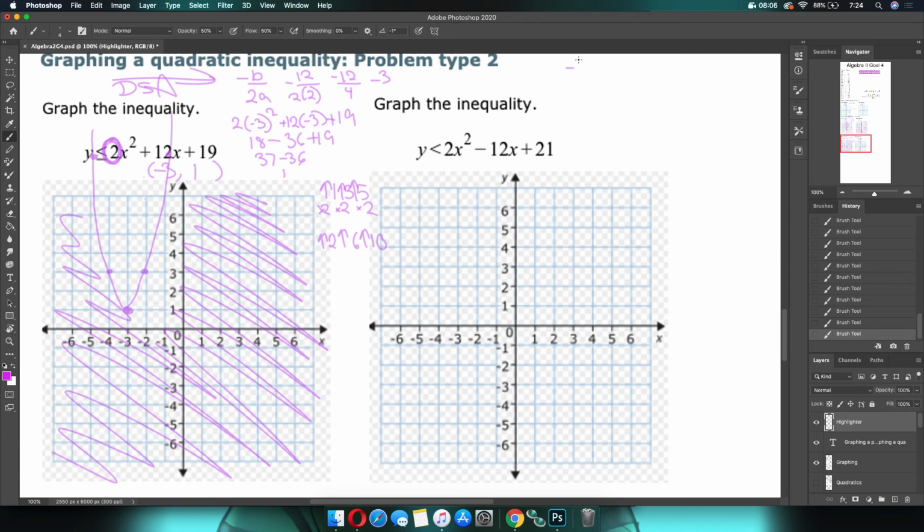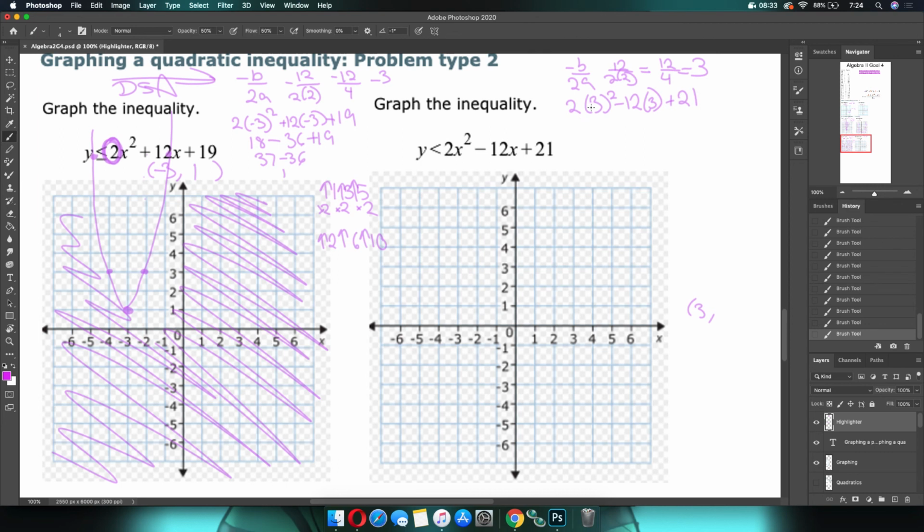Next up, this one. So we're going to do opposite b over 2a. So opposite b is 12 over 2 times 2, which is going to be 12 over 4, which is 3. So our vertex here is going to be 3 comma something. Let's plug it in. So 2 times 3 squared minus 12 times 3, then plus 21.